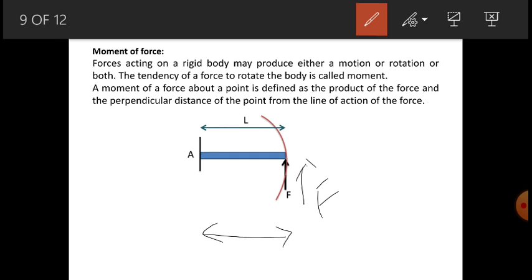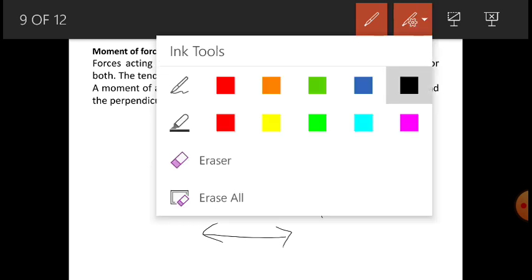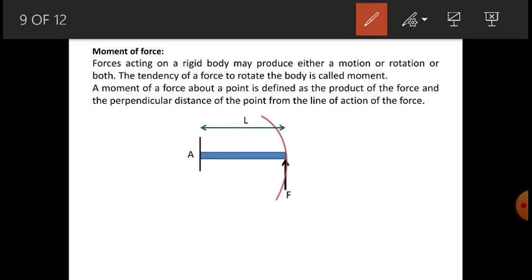So this is how we can calculate the moment about the point A. The moment about A is equal to the force applied into the distance from that point, from where you want the moment.